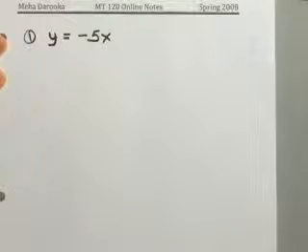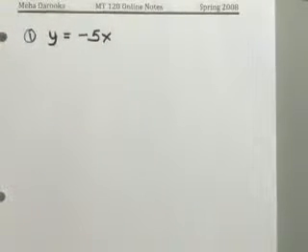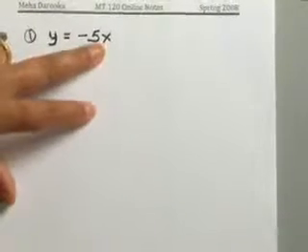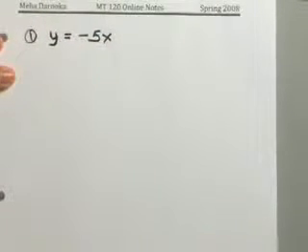Basically the idea is that if I were to plug in any value for the x variable, what sort of value would I come up with for the y variable? You can try plugging in any numbers. Put in 0, you'll see y will be 0. Put in 1, you'll see y will be negative 5, and so on. Just try a couple different numbers and see what happens. You will notice that the domain for this function, and again, domain means the values for the independent variable, the x variable, will be the set of all real numbers.